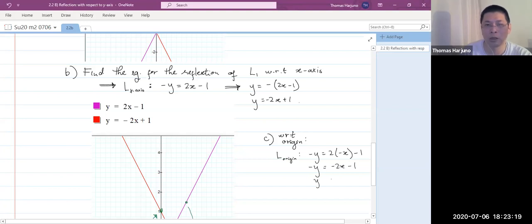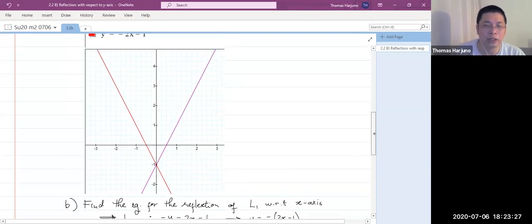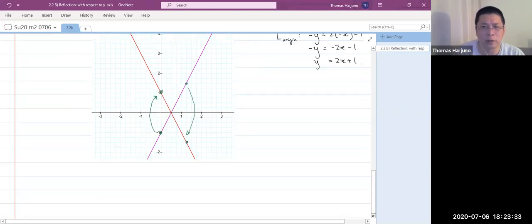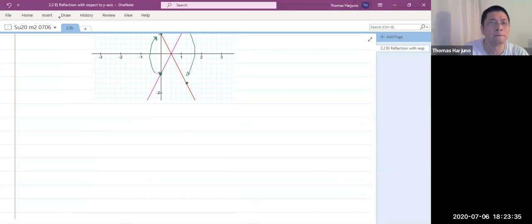So y equals to 2x plus 1. Okay, now I apply these two lines so that you can imagine that easier. But this actually applies to everything else.